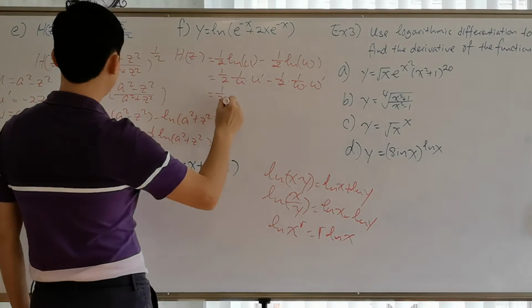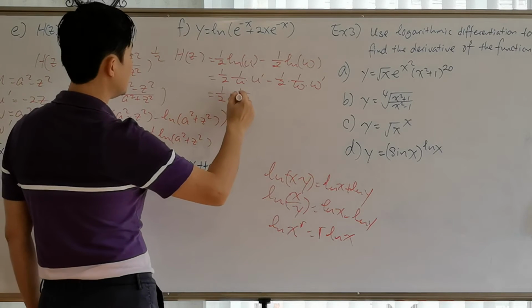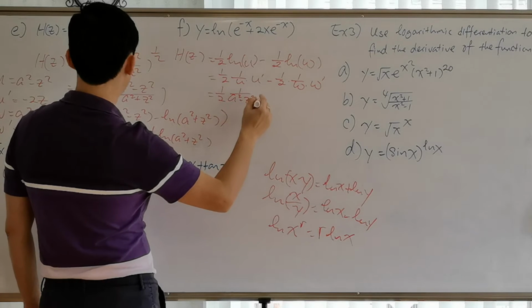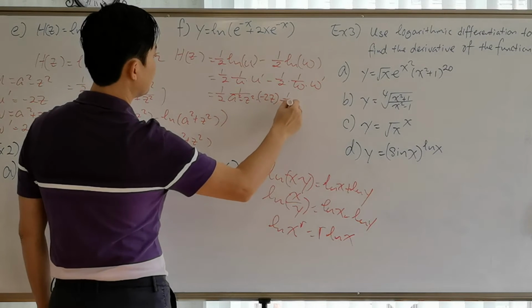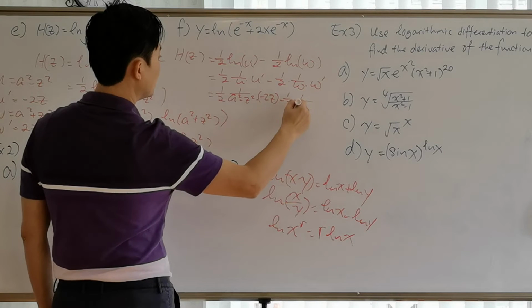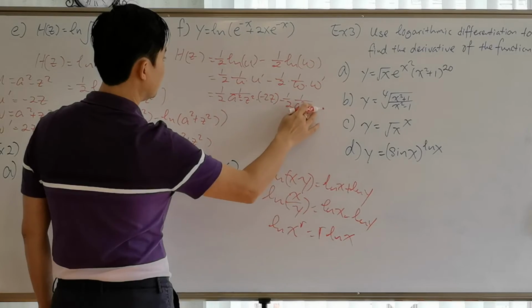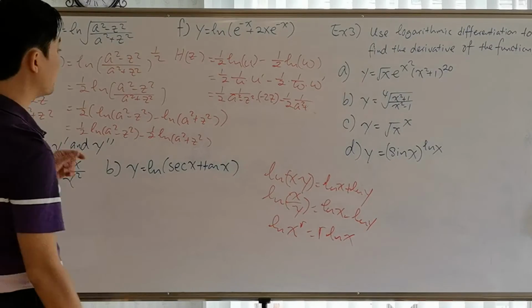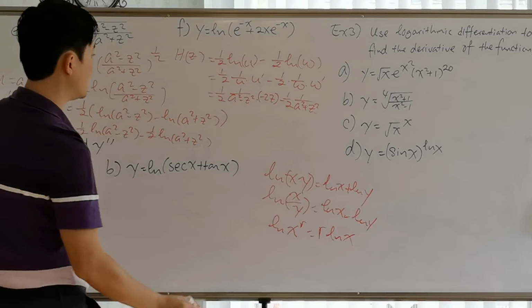And then for the rest of this, we just want to substitute. So 1/2, u which is 1 over a squared minus z squared, u prime which is negative 2z, times negative 2z. Minus 1/2, 1 over w, a squared plus z squared right here, and then w prime, which is 2z.